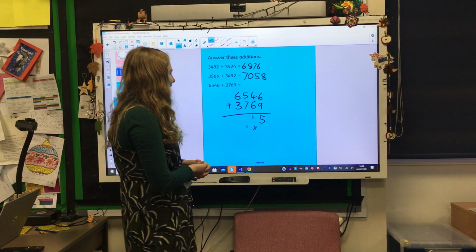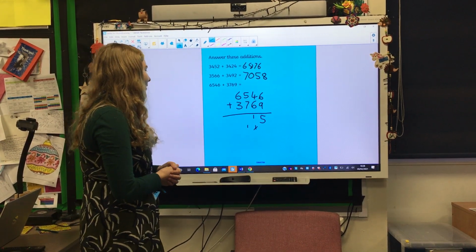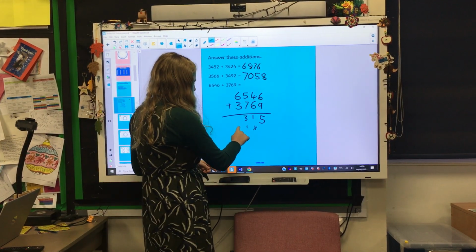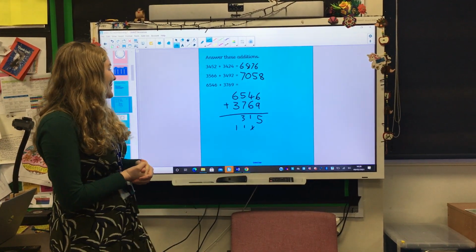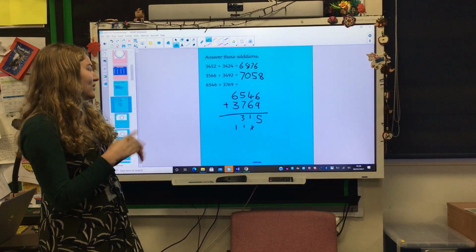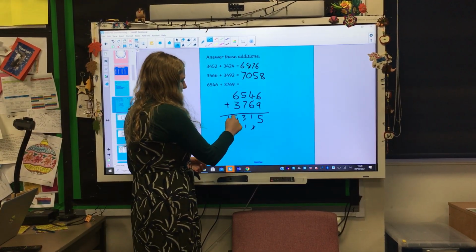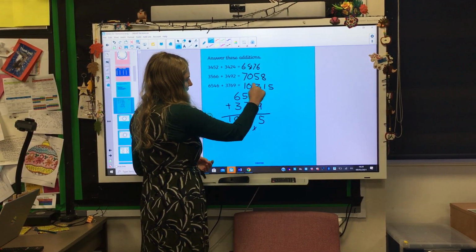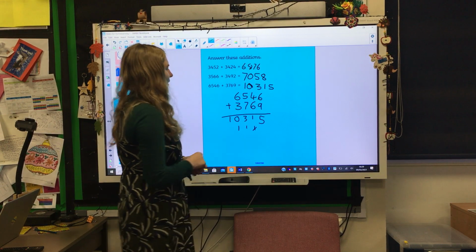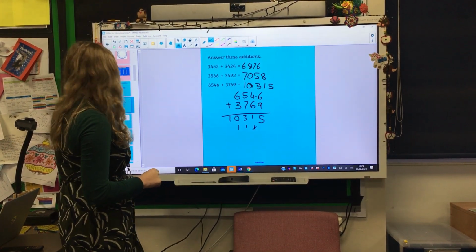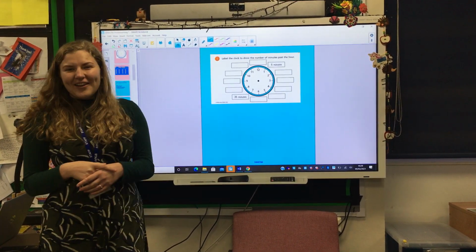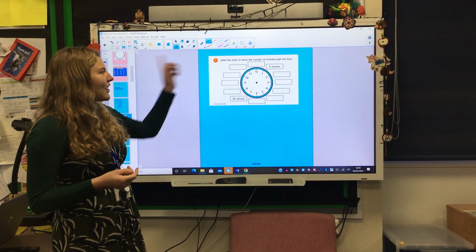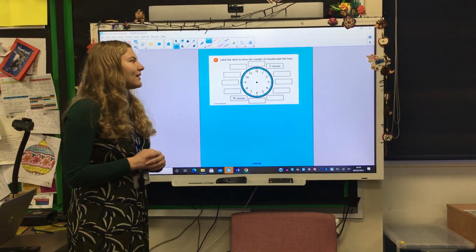Then we've got 5 add 7 add 1, which is 13. And then we've got 6 add 3, which is 9, add 1 is 10. So we've got 10,315. Very good, let's move on. Well done if you got all those. What we're going to do now is you're going to pause the video and I want you to fill in these blanks. Off you go.